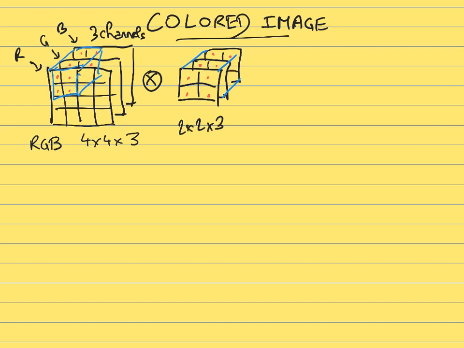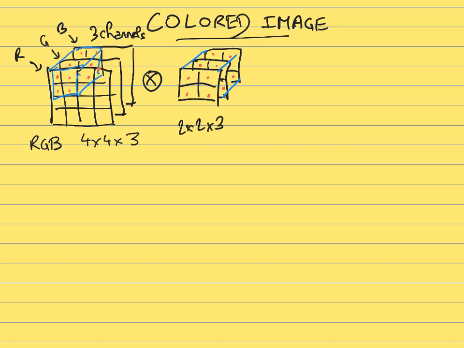So you will take all the values, and you will still do the same, but rather than doing it in 2D, you will do it in 3D. You will still take element by element, pixel by pixel.